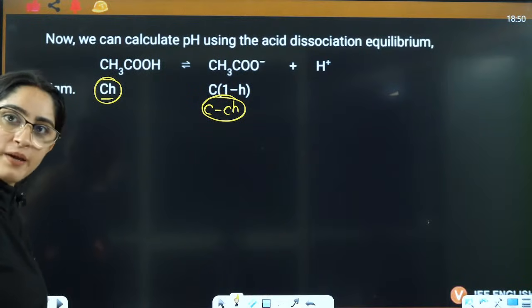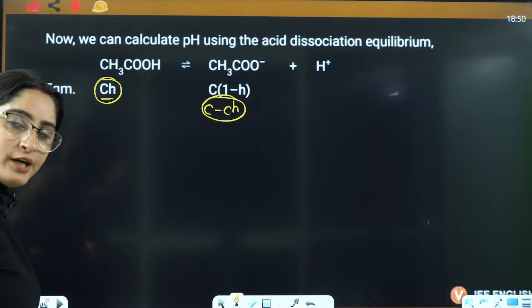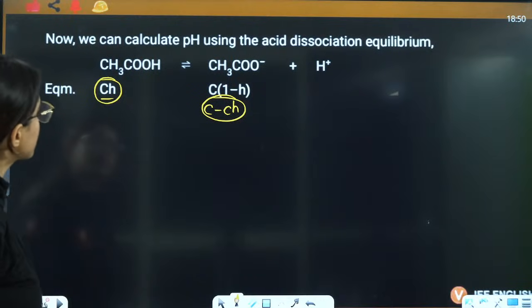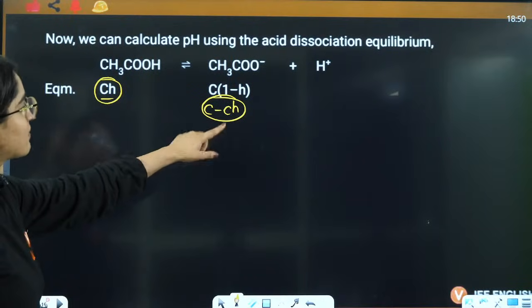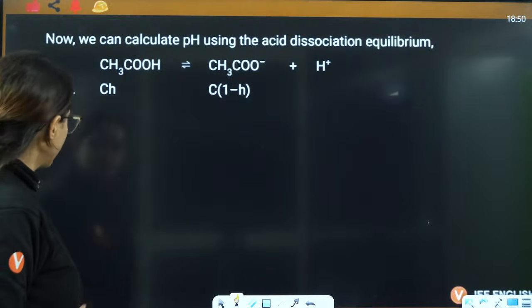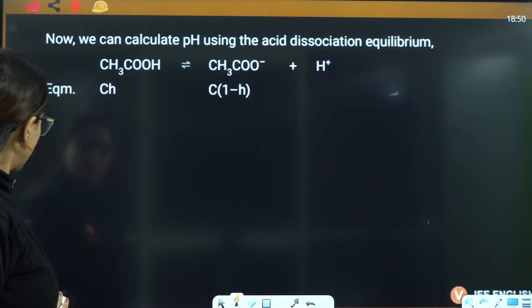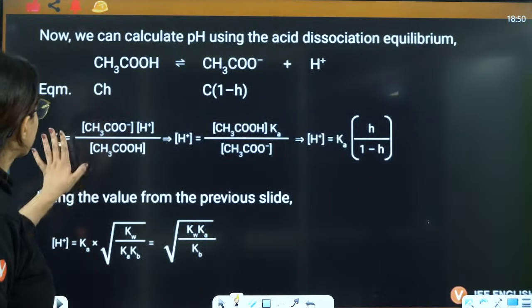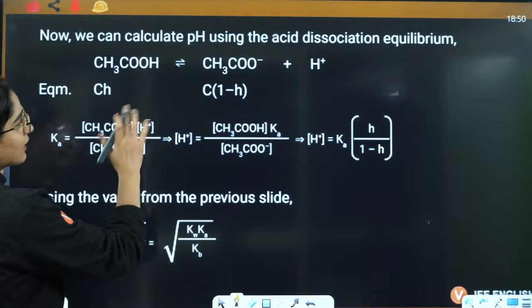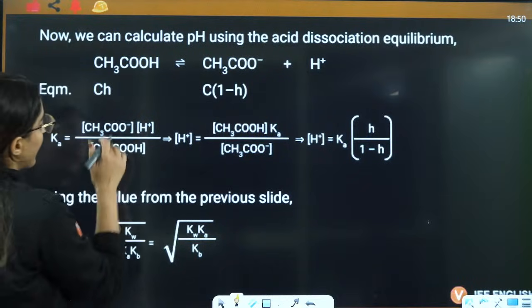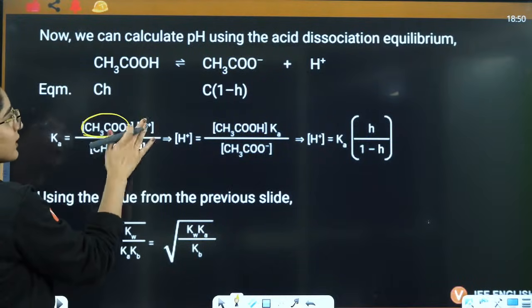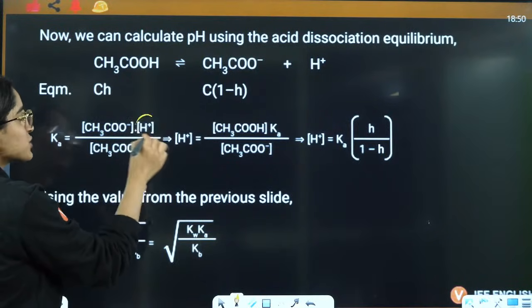CH is already dissociated into CH3COO negative, so from there you subtracted, C minus CH, and that will be the equation here. From here you will calculate the value of H positive, which is going to be Ka. Ka is product by reactant. What is the product here? CH3COO negative and H positive.